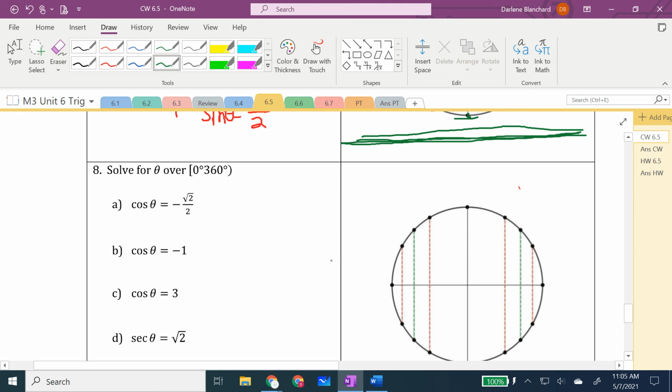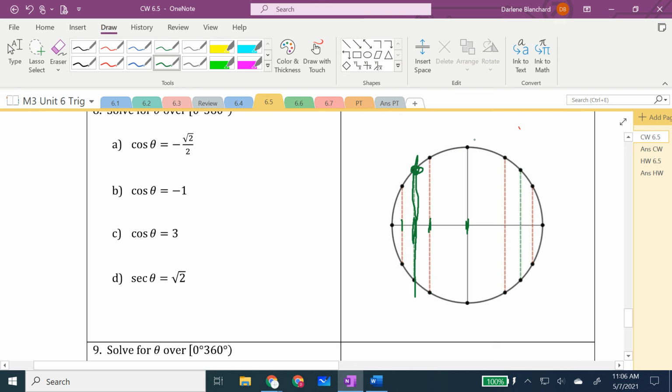If cosine is negative root 2 over 2, then I'm drawing a vertical line, and I am dealing with 3 vertical lines. Here's 0, and I go negative 1 over 2, negative root 2 over 2. That's what I'm looking for. So this is where cosine is negative root 2 over 2.